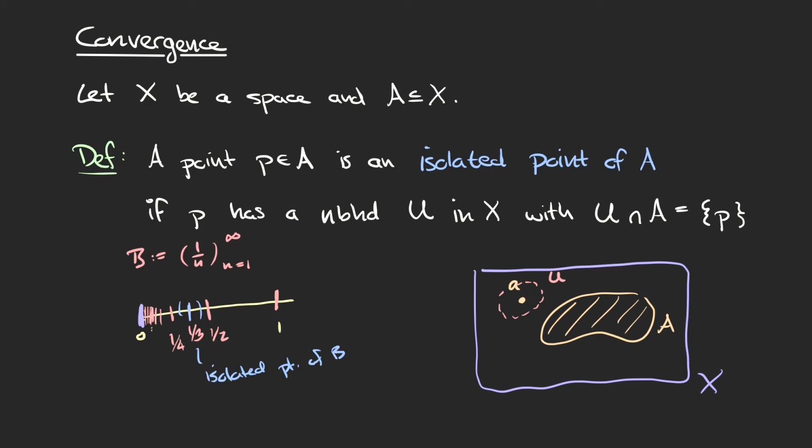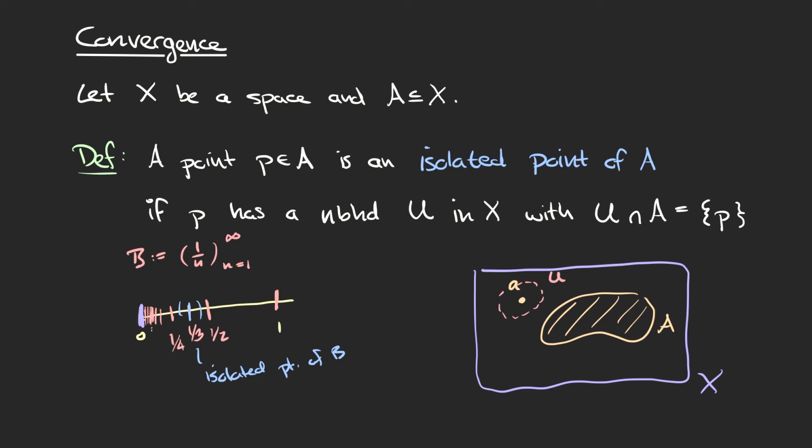Now the same thing holds for any point in B. If you choose some arbitrary point, there's always going to be some positive distance between it and its two neighbors in the sequence. And so we can find some epsilon interval around it that doesn't include those points.